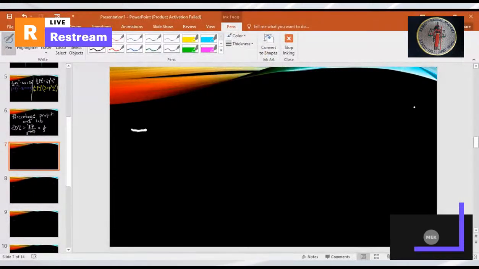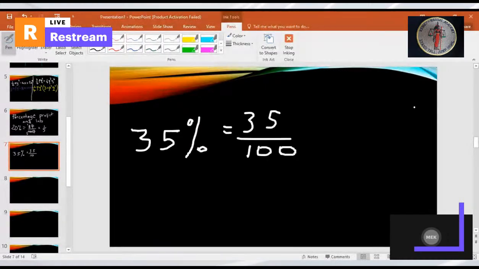All right, so again, if we have 35%, and this is just revision, we did this in the last class, but just so we are on the same page here. So 35% would be 35 over 100, since percent means out of 100. And we can use 5 to reduce it. 5 goes into 35 7 times, and 5 goes into 100 20 times.